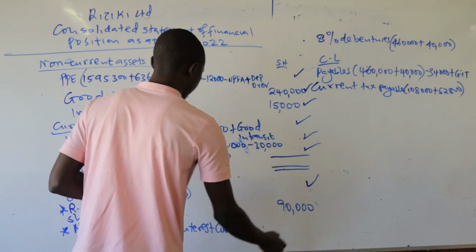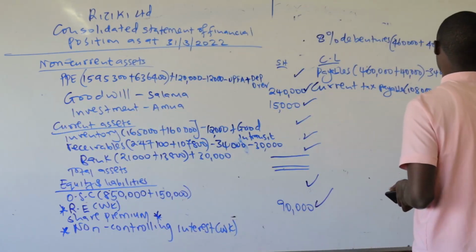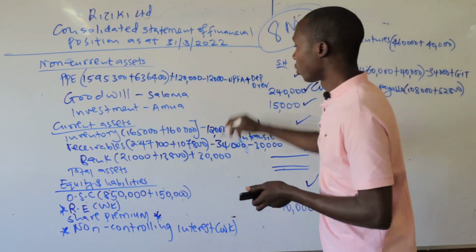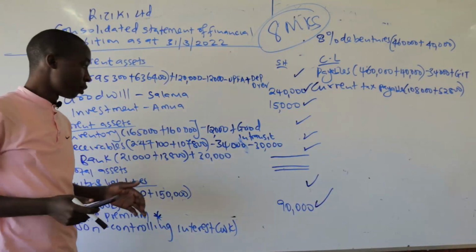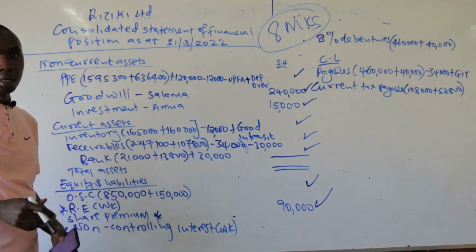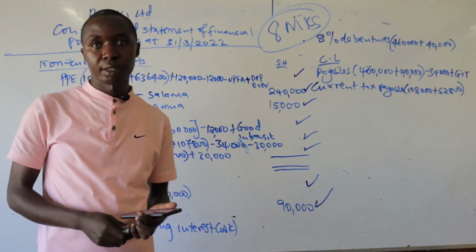That is 7, 8, 9, 10, 11. This is more than even 8 marks. So it was just a wastage of time to do these two workings for the retained earnings and the non-controlling interest, because the entries we already have are enough for the 8 marks.